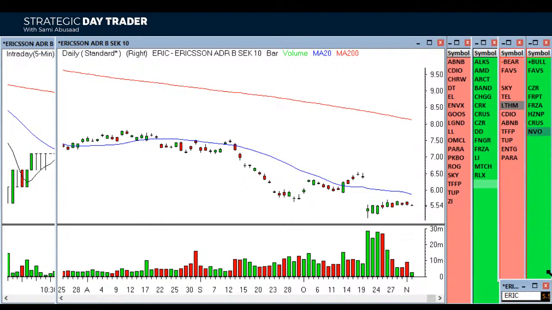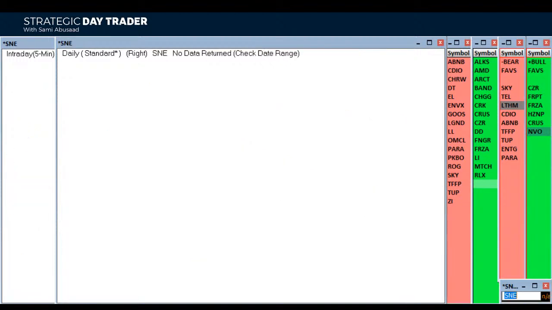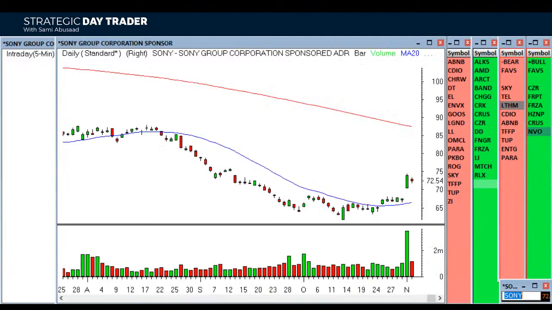Sometimes they move a little bit when they gap or when there's news. Sony used to be, but maybe it's SONY. See, most of the time they don't really move. Again, when it gaps, maybe okay, but the vast majority of the time they just don't move, and therefore you're not going to make money trading them because they won't move.